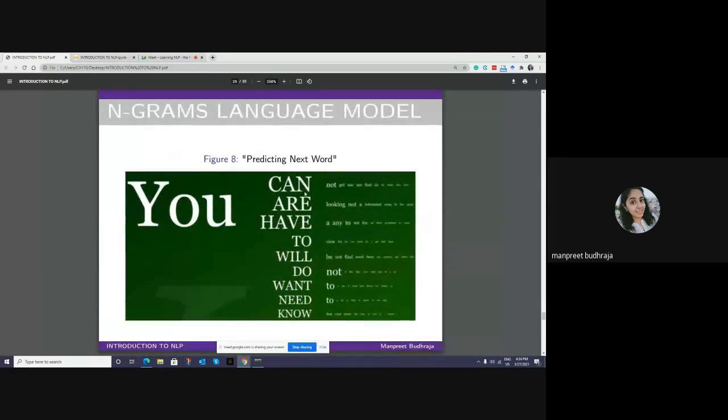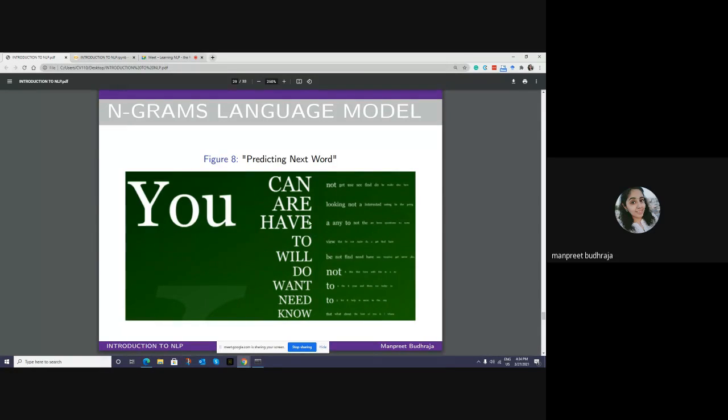And if you have here, you can, you are, you have to, you will do, you want, you need, you know. These are all things that are predicted: given the word you, or the word can, what is the possibility that these might be used next.